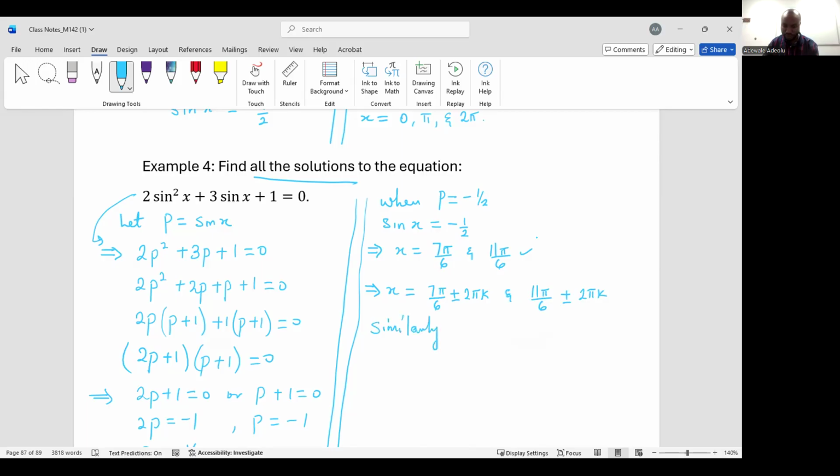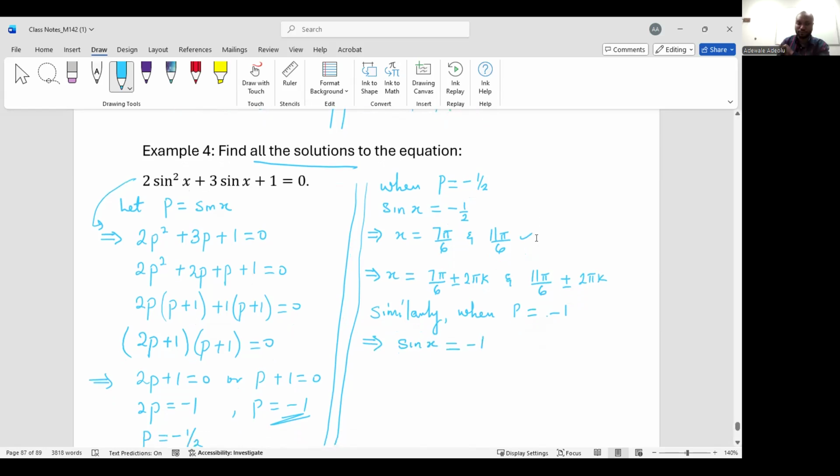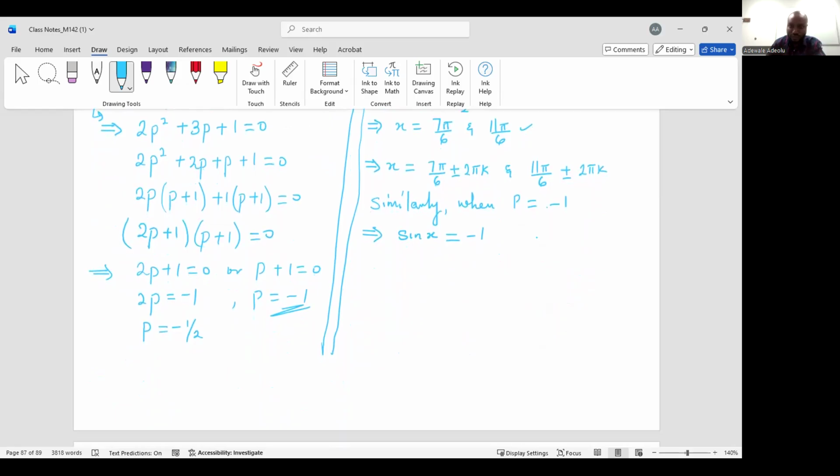Similarly, we consider when p equals negative 1 here. That implies we want to find when sine of x, remember p is sine of x, equals negative 1. That is, we are asking, what is that angle such that when we take the sine of that angle, it is negative 1?